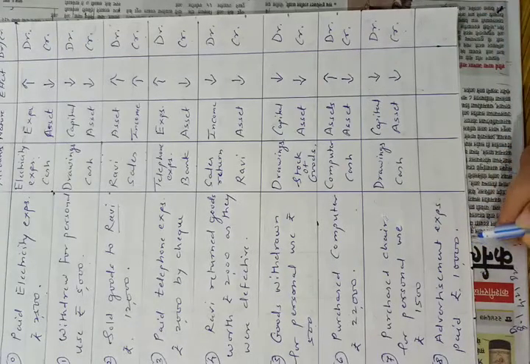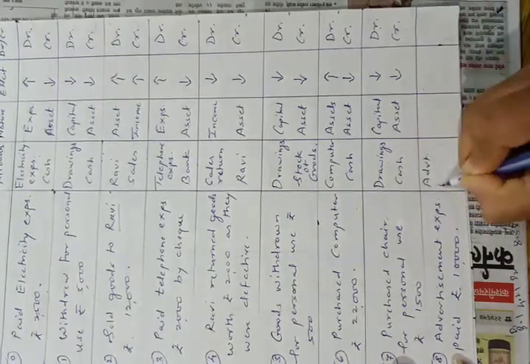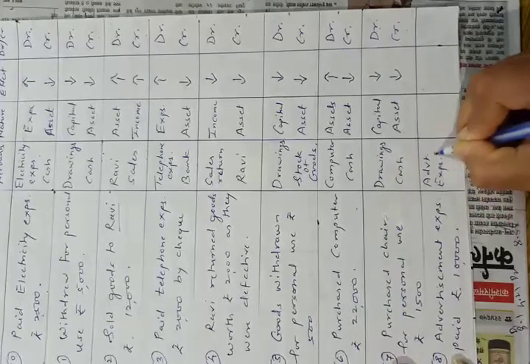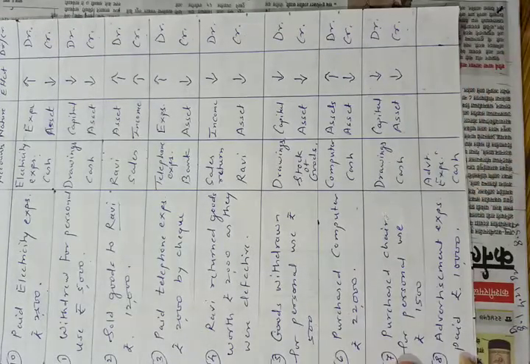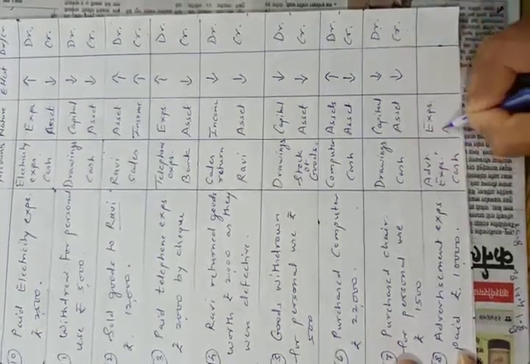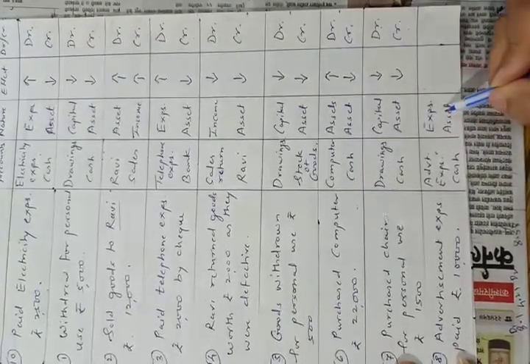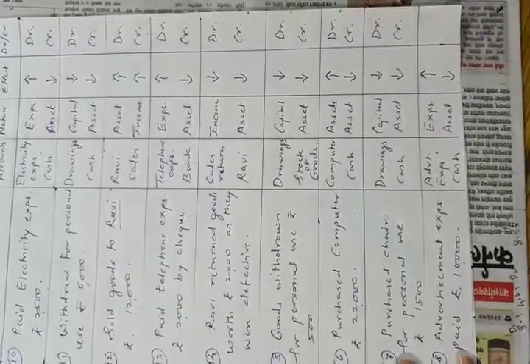advertisement expenses paid rupees 10,000. First account will be advertisement expenses account and second account will be cash account. Advertisement expenses are our expenses and cash is our asset. Now when we pay advertisement expenses, our expenses will increase and our asset, that is cash, will decrease.